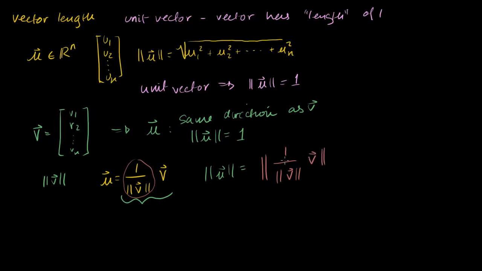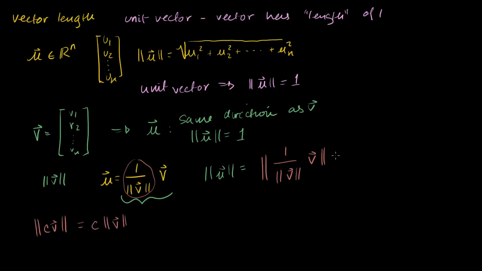And we know that we can take this scalar out of the formula. I think I've shown it in a previous video, that the length of c times v is equal to c times the length of v. Let me write that down. That's essentially what I'm assuming right here, that if I take the length of c times some vector v, that is equal to c times the length of v. I think we showed this when we first were introduced to the idea of length.